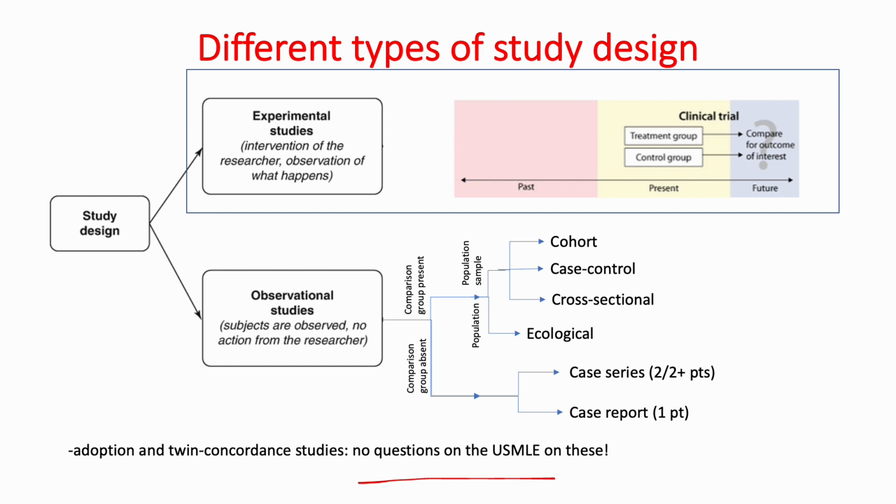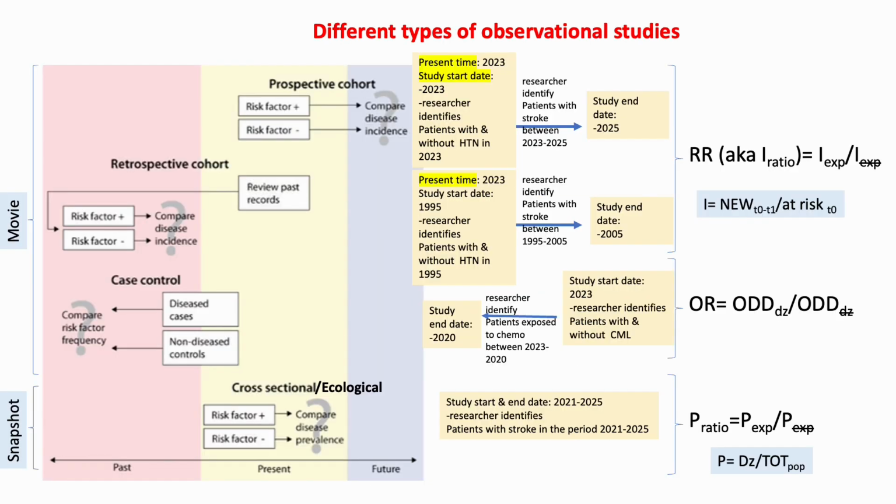In the next slide, I'm going to show you how to differentiate case control, cohort, and cross-sectional studies on test day. To understand epidemiological studies, you have to keep in mind the time criteria as the most important one. In cohort studies, the researcher follows a cohort of patients with certain risk factors a long time to see if this risk factor leads to the development of a certain outcome, which is generally a disease.